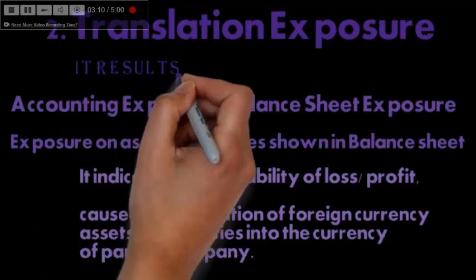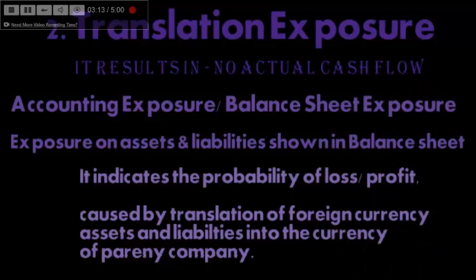But this translation exposure does not result in actual cash flow. For example, in one branch I purchased an asset amounting to $100. Due to the exchange rate, it is now $99 or $101. So there is no actual cash flow; there are entries in the books only.